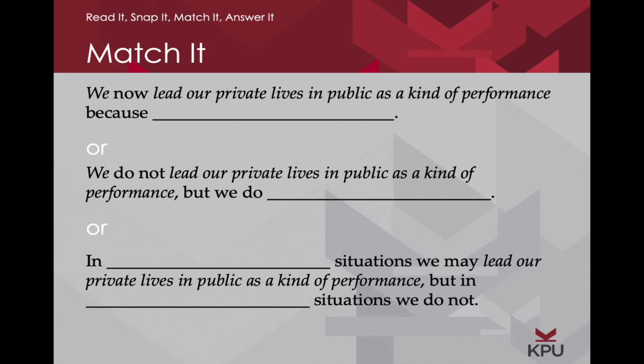There's one other alternative if you want to do the agree and disagree response. And there are different variations of how you might phrase this, but in blank situations, we may lead our private lives in public as a kind of performance, but in blank situations, we do not. So either 3 of these would be directions that you could actually answer the question.